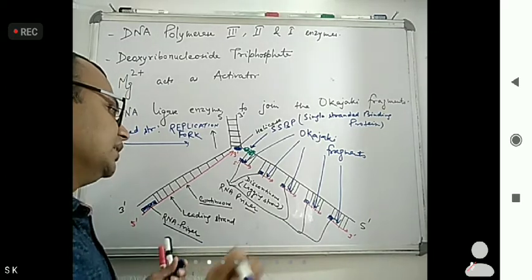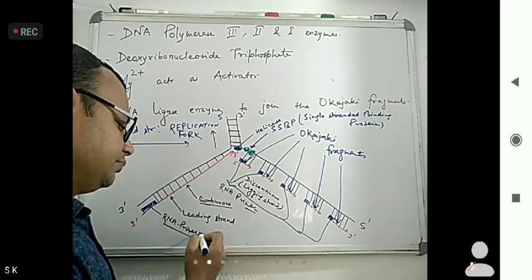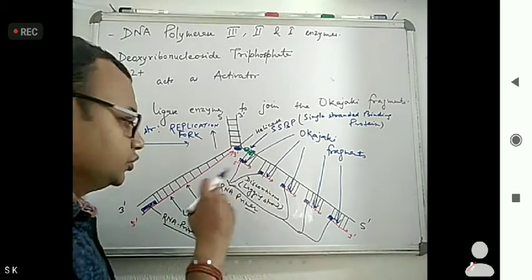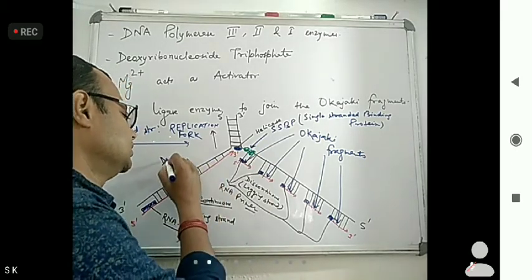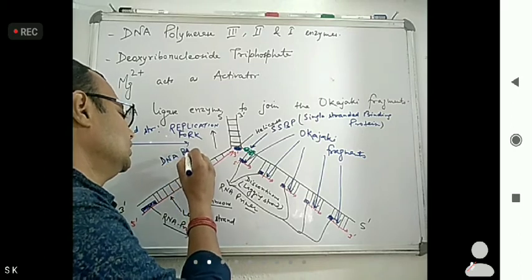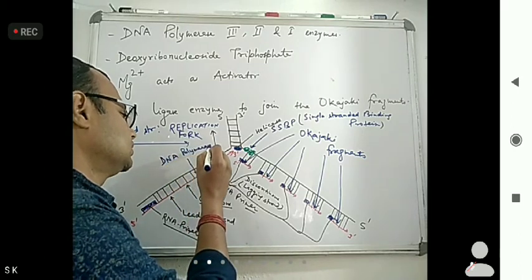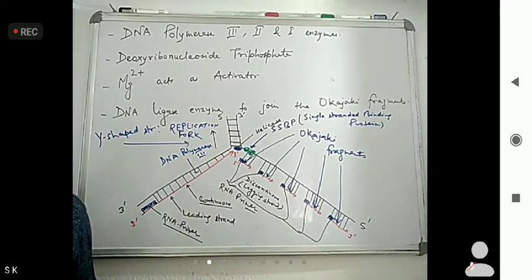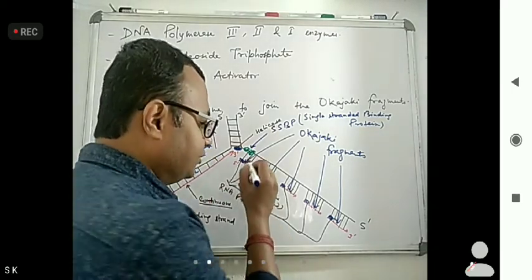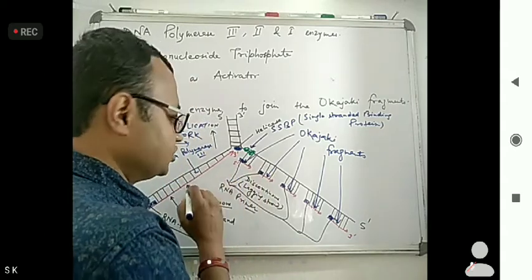DNA polymerase III, this one, RNA primer is there that is going to form new. So here what is being utilized? DNA polymerase III enzyme is being utilized. Here also the same thing will come, DNA polymerase III, because they are forming.